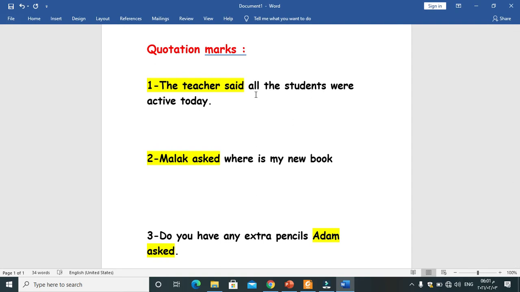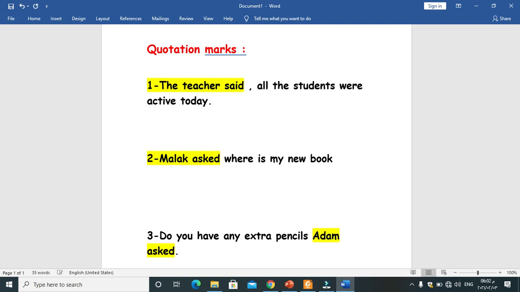Do you have any extra pencils? What do you need to add here? Yes, a question mark. And then close the quotation mark. That's it. Good. Number 4, we have much homework today, Dana said. What do we need to do?